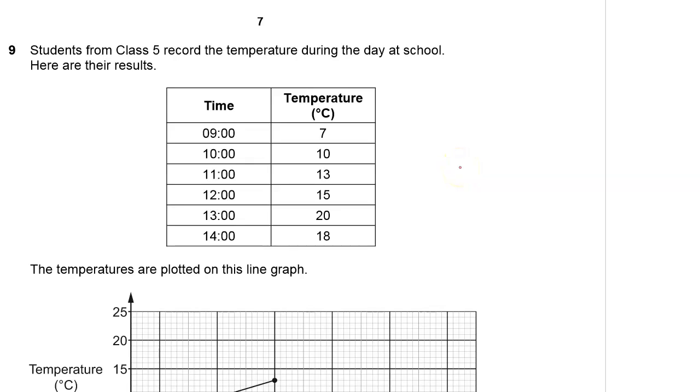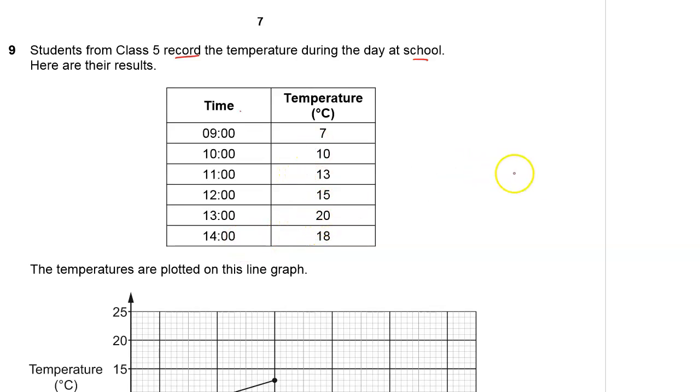Question number 9. Students from class 5 record temperature during the day at school. Here are their results. Of course, time and temperature, starting from 9 o'clock up to 2 in the afternoon.